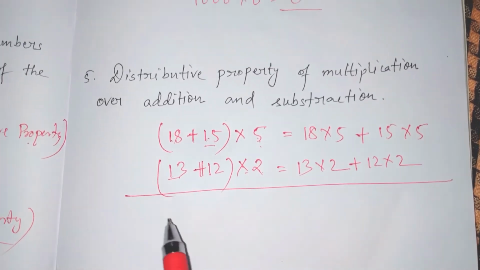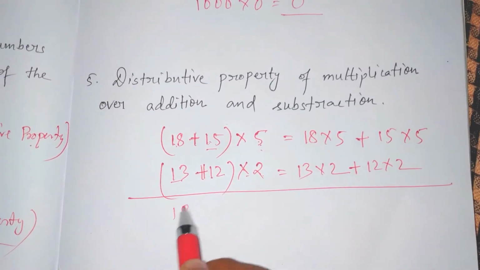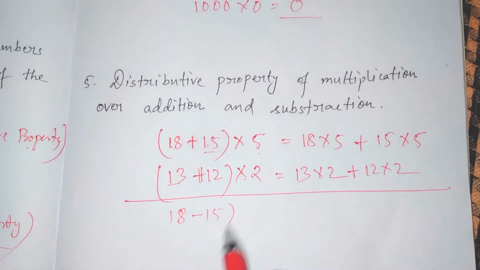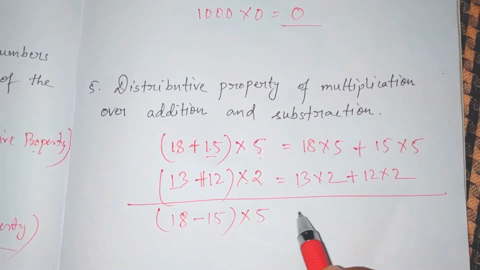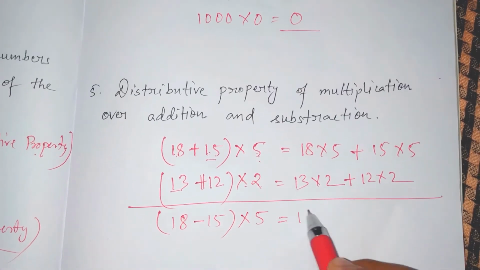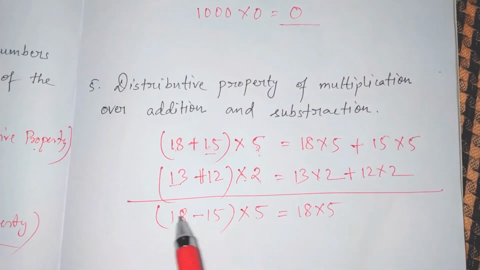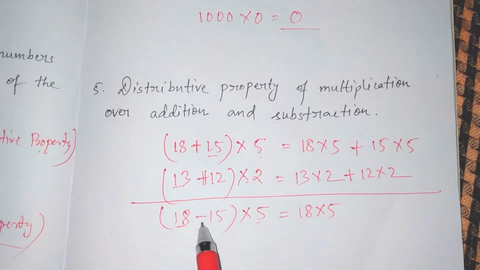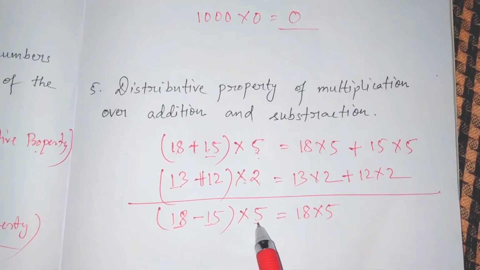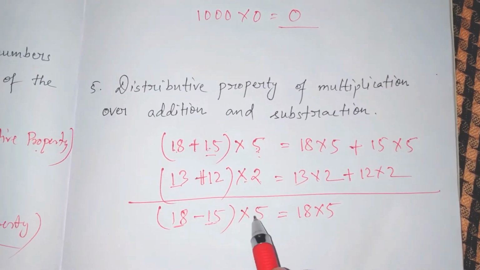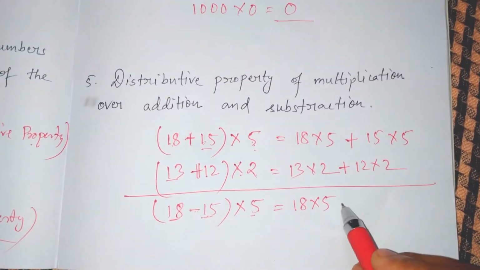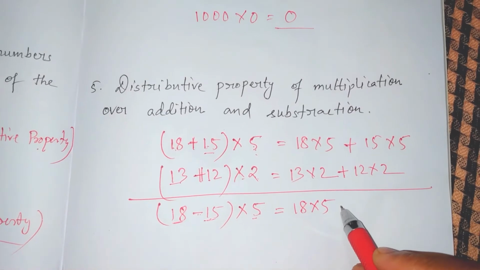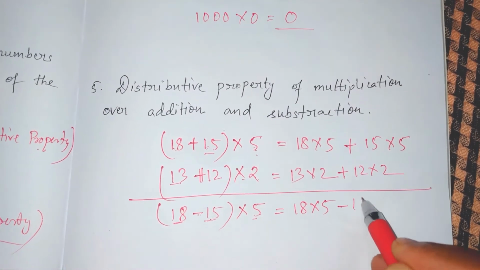If I say 18 minus 15 in bracket, together multiplied with 5, that means 18 is multiplied with 5, and 15 is again multiplied with 5 because they are in bracket. The sign stays in between the numbers. So 18 into 5 minus 15 into 5.